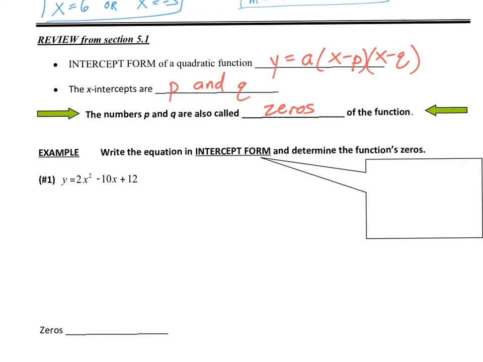Okay, the numbers you get for p and q are also called the zeros of the function. They're called the zeros because when you set equal to 0, those are the answers you get. Kind of like above, we set them equal to 0. That was the solution. These are called the zeros because they're actually where y equals 0. The intercepts are where y equals 0 as well.